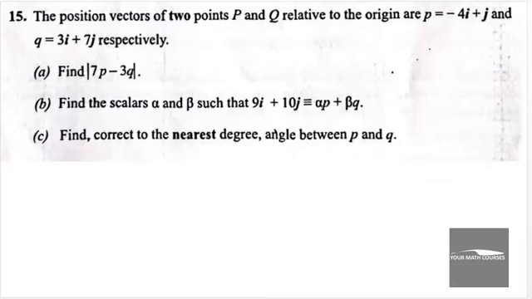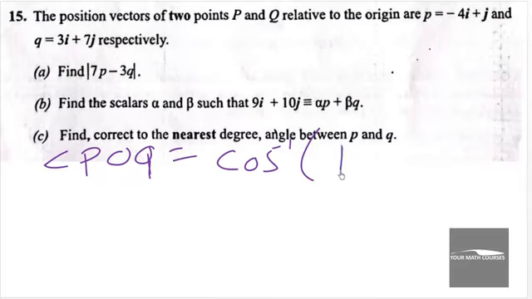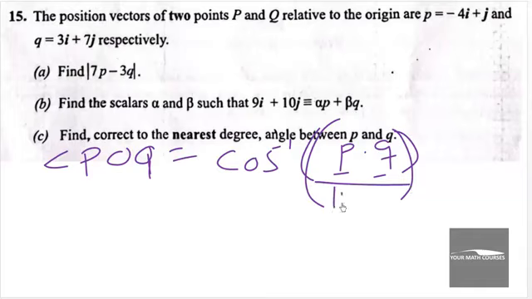Using the dot product, the angle between P and Q, angle POQ, will be equal to the cos inverse of P dot Q over the magnitude of P times the magnitude of Q. So let's simplify this.